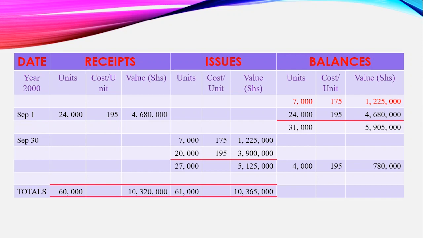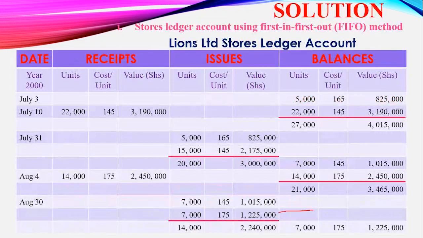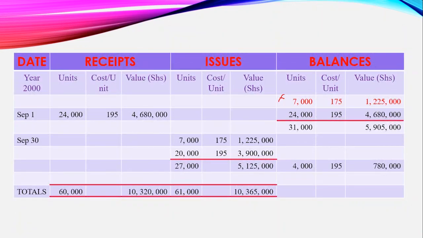Now we had a balance in the previous month. This was the balance, 7,000 at 175, giving a total of 1,225,000. You have already acquired a new stock, 24,000 at 195.